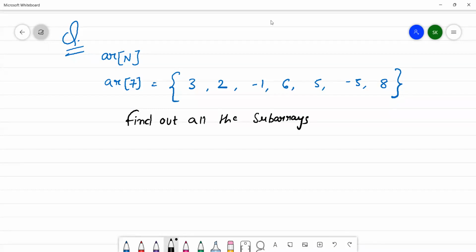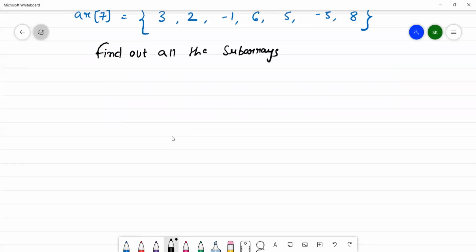How many of you are clear with the concept of subarrays? Not clear? Okay, no worries.